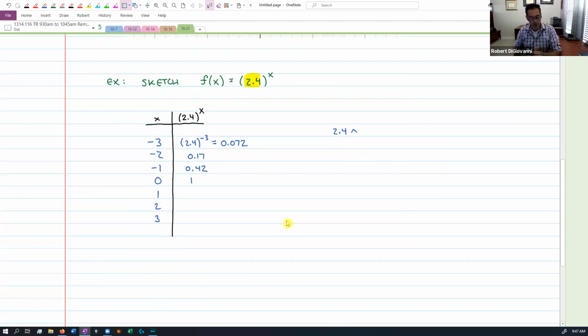Okay, now plug in 1. You should just get 2.4. So it's getting bigger. 2.4 raised to the second power, you should get 5.76. And 2.4 raised to the third power, you should get 13.824 or something like that. Anyone have any questions on their calculator for this?